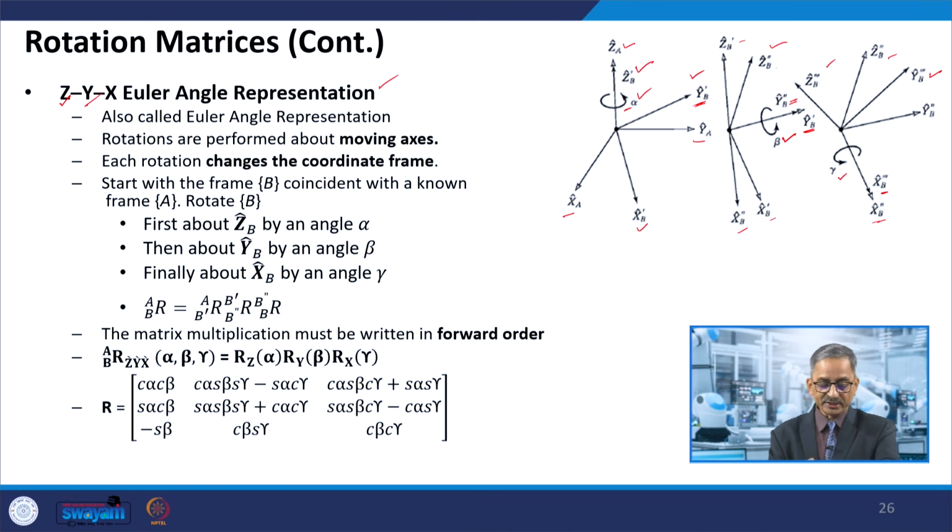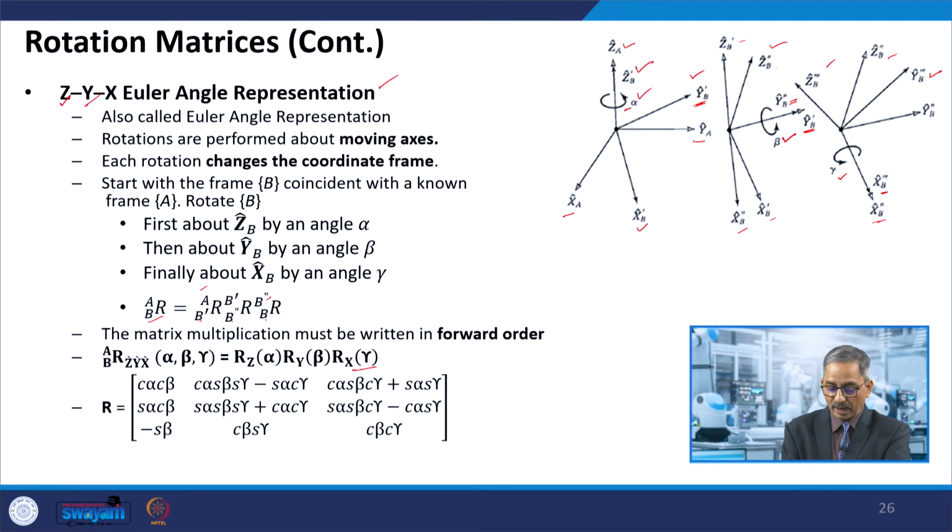So, what essentially I have done, I can represent this RBA. B is my final B triple dash. So, what I have done, I have moved from B triple dash to B double dash, okay, and then B double dash to B dash, and then from B dash to A. Okay. So, this is how I have done these rotations. So, the last one is about the x axis.